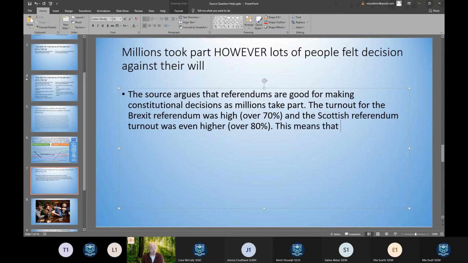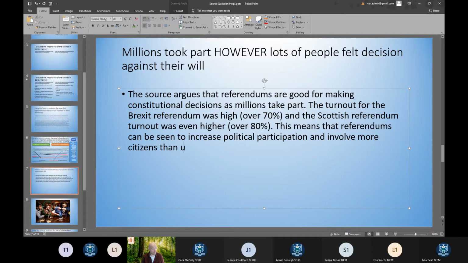This means that referendums can be seen to increase political participation and involve more citizens than usual. And then I've actually got some more knowledge here that I know that actually a lot of people from the north and from working class areas voted in Brexit than voted in previous ones. So I'm going to use that knowledge that I've got.